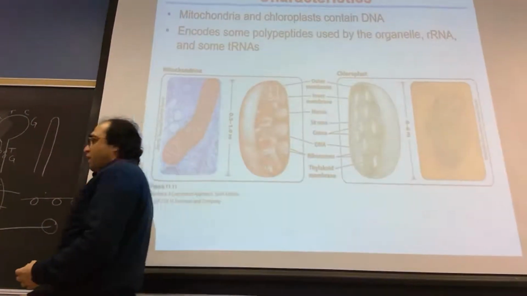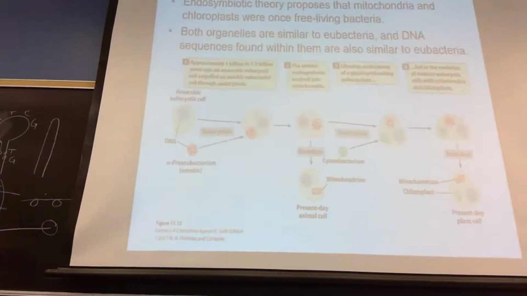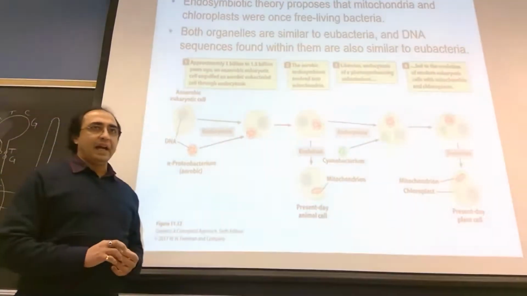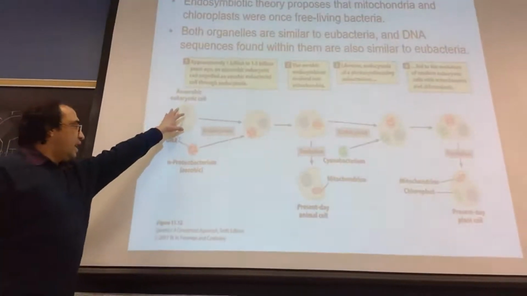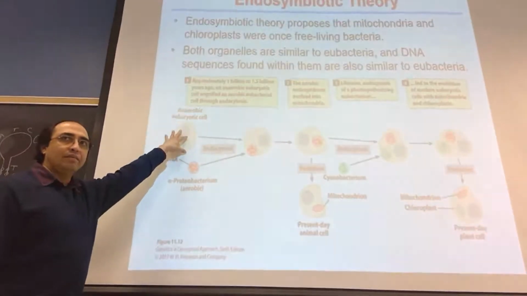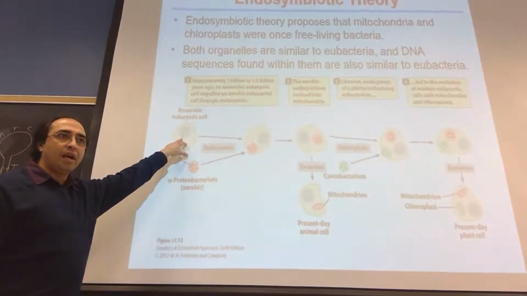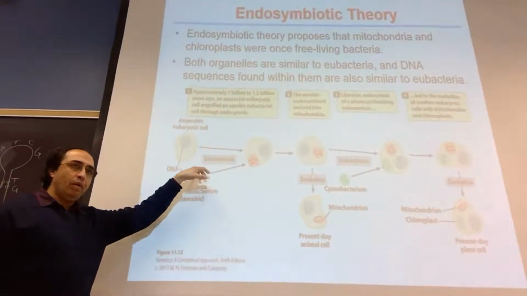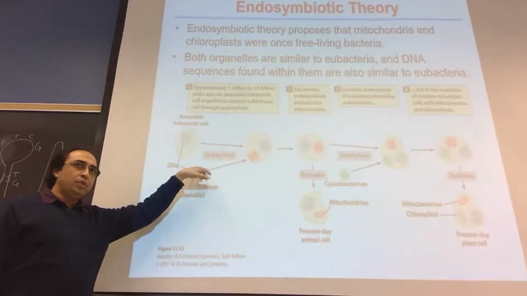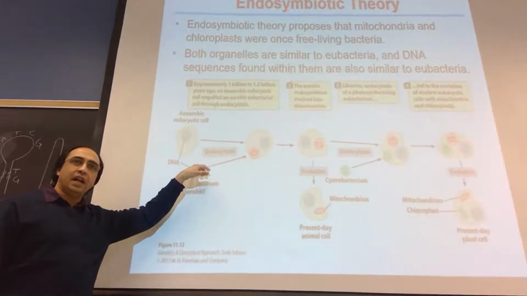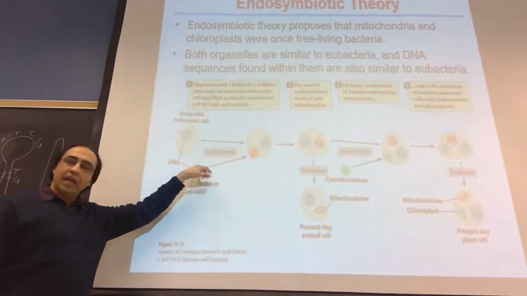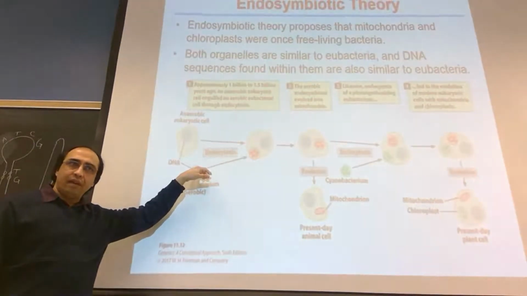This concept is called endosymbiont theory. What is the endosymbiotic theory? It means that once the eukaryotic cells didn't have any mitochondria or chloroplast. One kind of bacteria was there that used to create energy, that is ATP synthesis, and they had their own DNA, their own ribosome and everything.